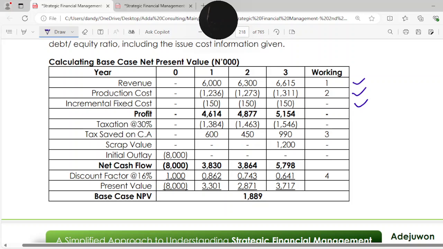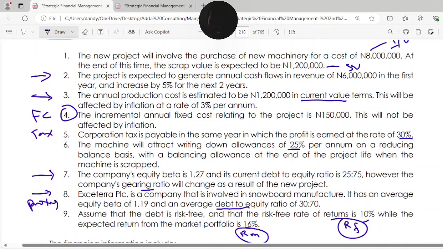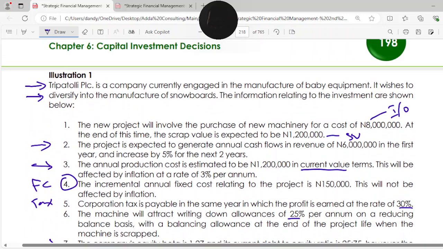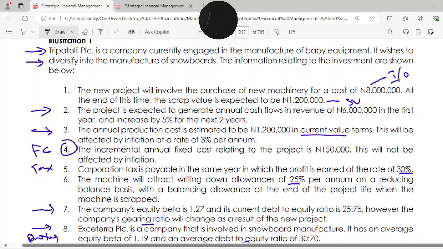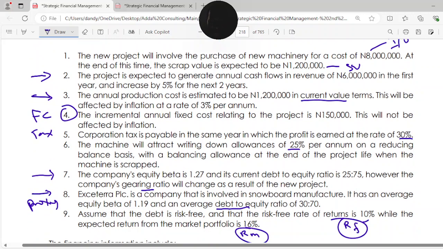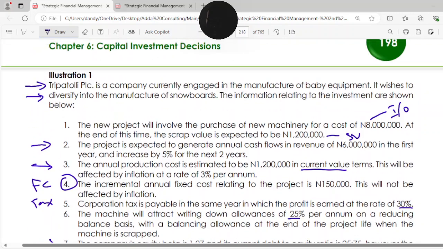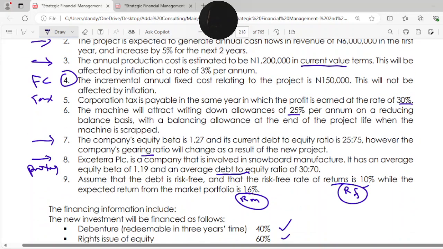All right, I will then go back to the question: is there any other relevant cash flow? When I was reading, there is no other relevant cash flow that I noted in the question. Therefore, there is no other cash flow apart from the initial outlay of 8 million naira and the scrap value, which of course we are going to consider later.